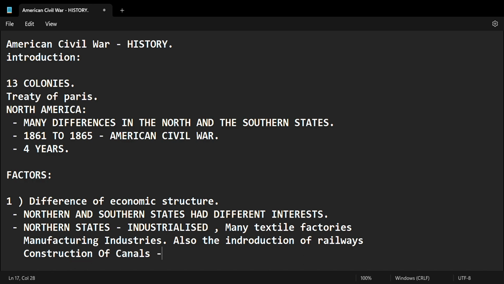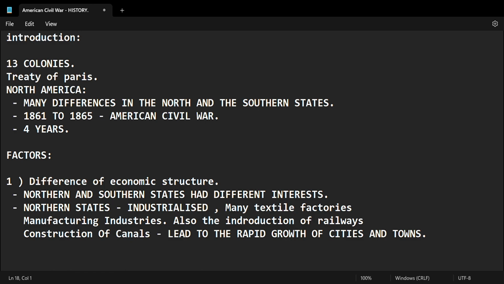So it led to the rapid growth of cities and towns. Now you see why the northern states were industrialized, the main factor. There were many textile factories and also manufacturing industries, meaning they manufacture stuff. Also, the introduction of railways had started, and canals were being constructed, and that led to the rapid growth of cities and towns.